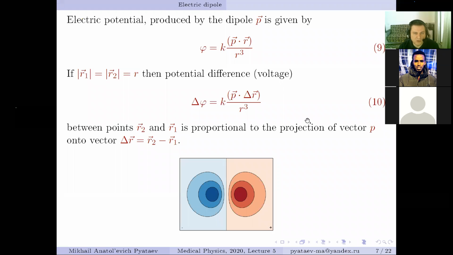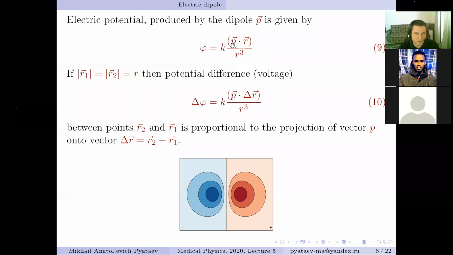So here we can see not the distribution of electric field strengths, but the distribution of electric field potential. The potential produced by a point electric dipole can be found from equation 9. It is simpler than the equation for electric field strength, the previous equation 8.